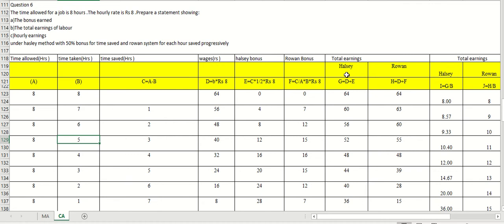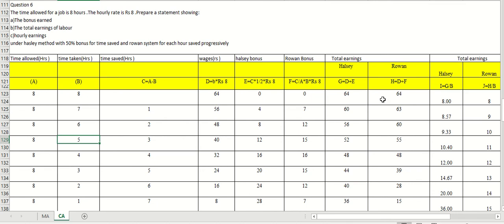So your total earnings under the Halsey method, wages plus Halsey bonus: 64 plus 0, 64, 56 plus 4, 60, 48 plus 8, 56, 40 plus 12, 52, 32 plus 16, 48, 24 plus 20, 44, 16 plus 24, 40, 8 plus 28, 36.